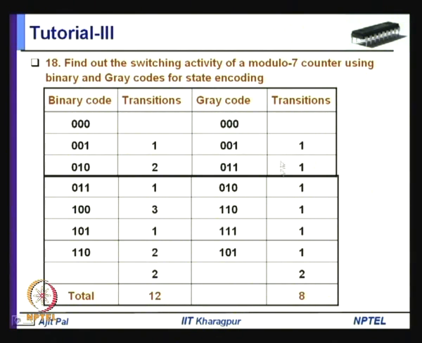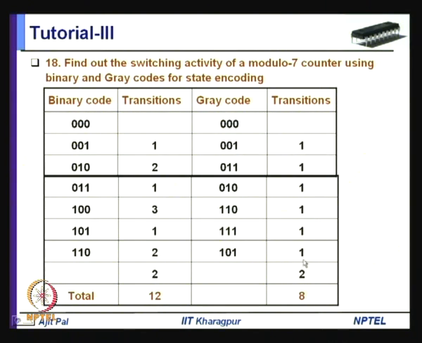On the other hand, if you use gray coding, the codes are 000, 001, 011, then 010, then 110, 111 and 101. You can see that for these 6 transitions, only 1 bit will change: 000 to 001, 1 bit; 001 to 011, another 1 bit change.